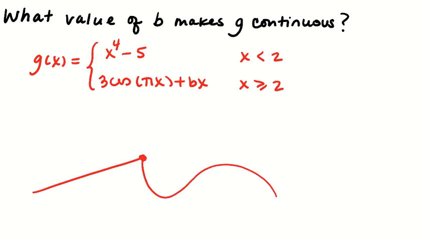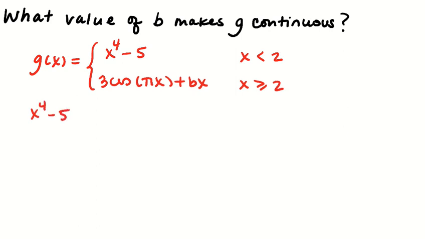So what we're going to do is take these two pieces and set them equal to each other where x equals 2. So I need x to the 4 minus 5 to equal 3 cosine of pi x plus bx when x equals 2.